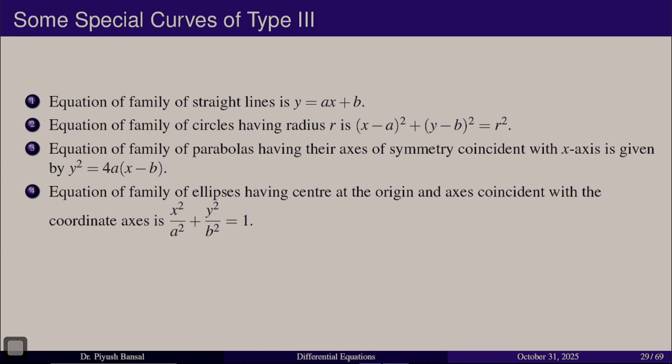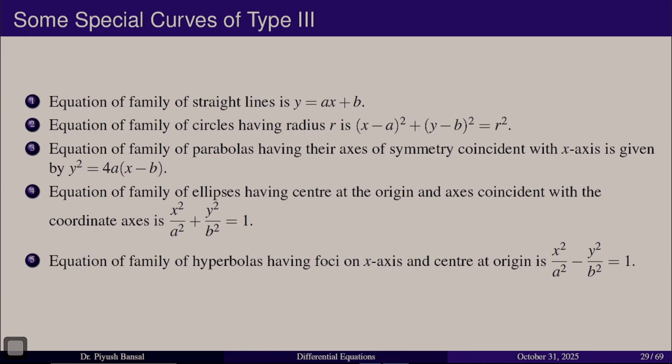This will be of the form x square over a square plus y square over b square equal to 1, where a and b are arbitrary constants. Similarly, the family of hyperbolas having foci on the x axis and center at the origin will be given by x square over a square minus y square over b square equal to 1. So two arbitrary constants are again involved.